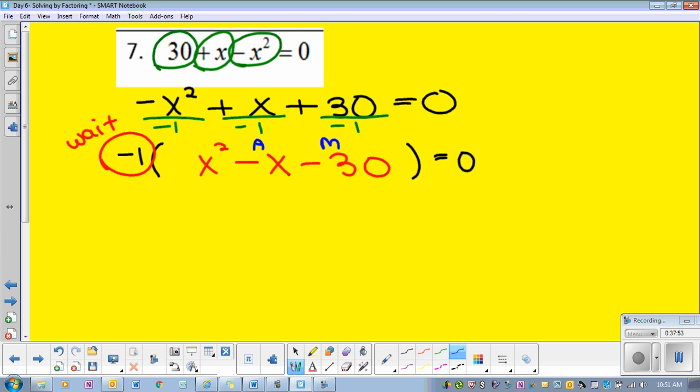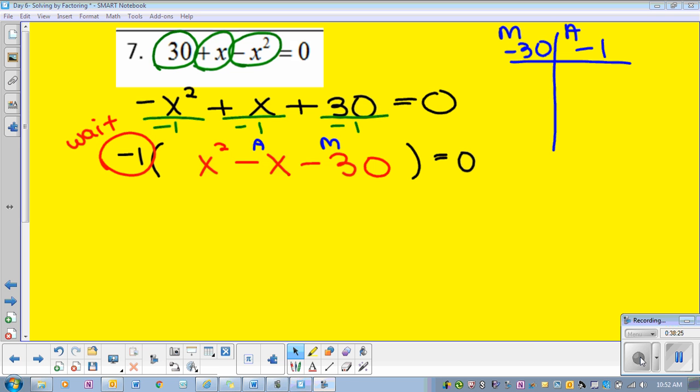I have an AM, but this is way easier than the one that we did before, didn't we? It's still AM. It's still T-chart, right? But it's that shortcut T-chart. So two numbers that multiply to give me what? Negative 30. And add to give me what? Negative 1.